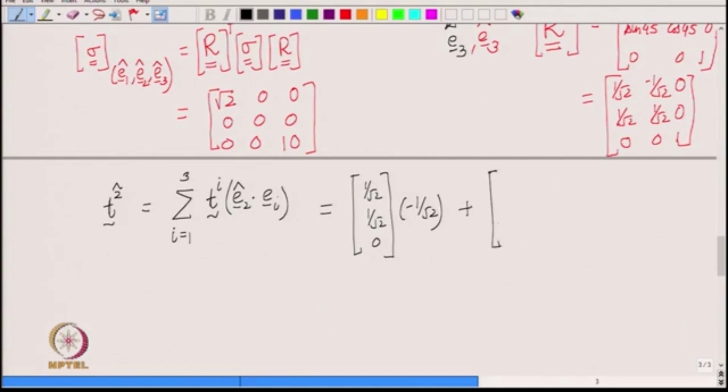What is T 2? That is also 1 by root 2, 1 by root 2, 0, from sigma matrix, multiplied with E 2 hat dot E 2. And what is E 2 hat dot E 2? That is R 2 2, which in this case is 1 by root 2.